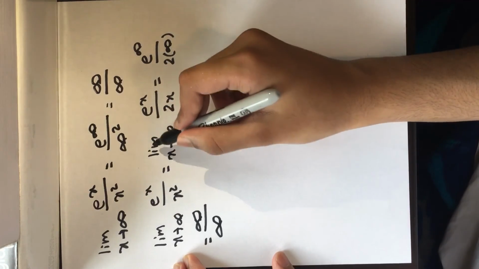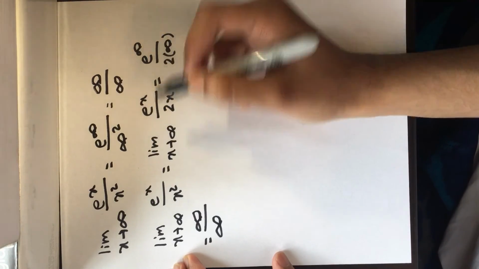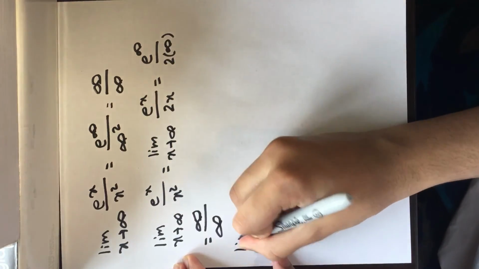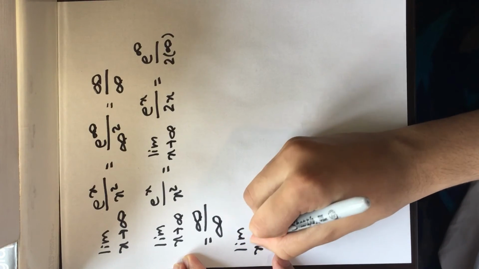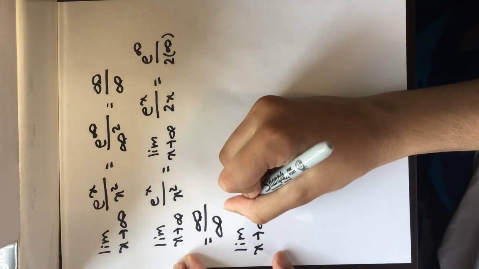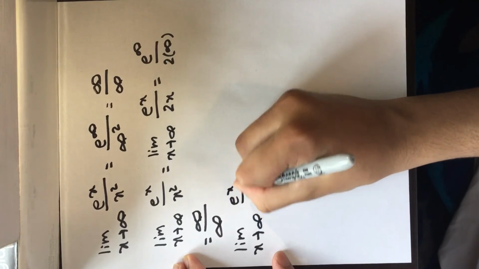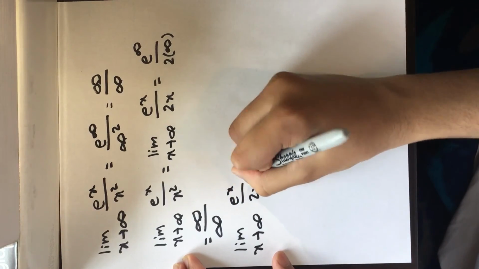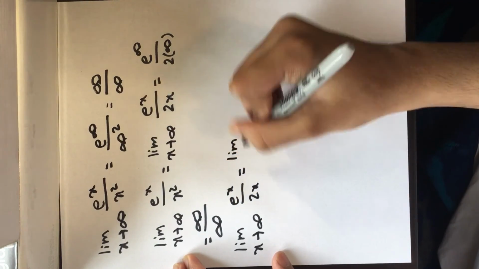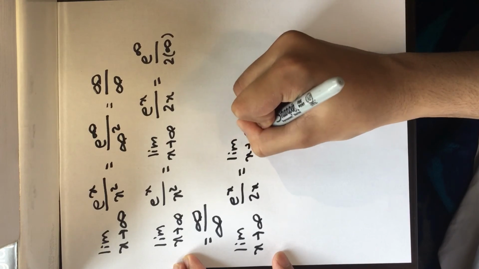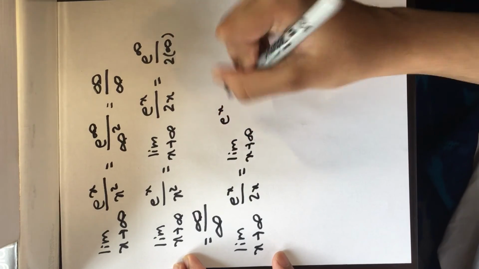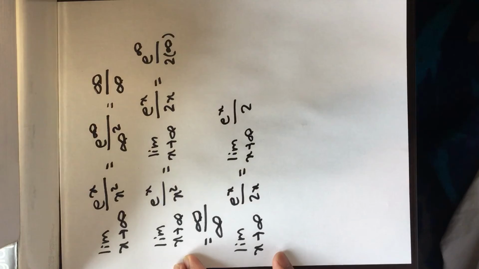So if we use the rule on this again, we would get the limit as x goes to infinity of e to the x over 2x is equal to the limit as x goes to infinity of e to the x, which is itself again, over 2.